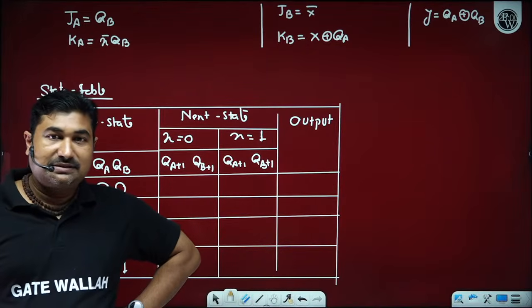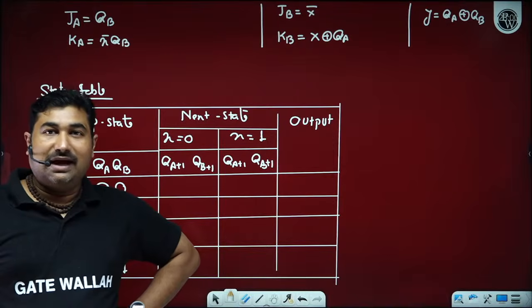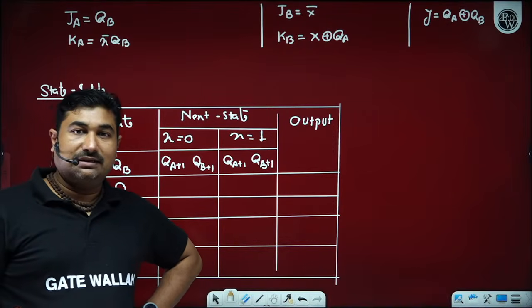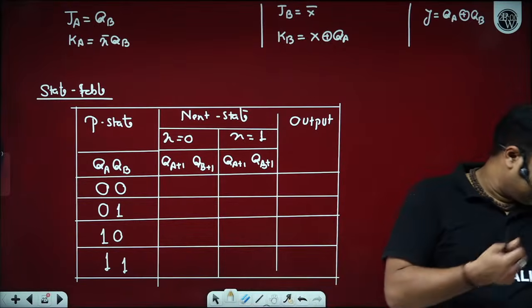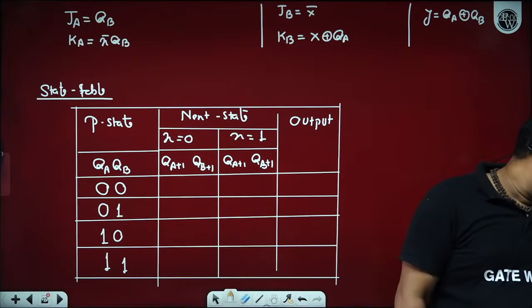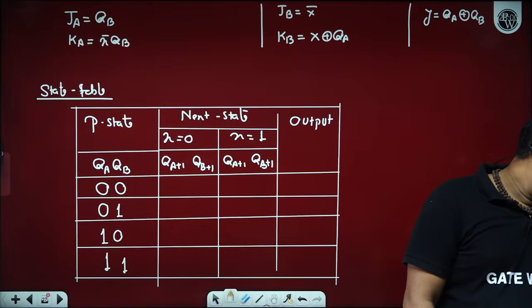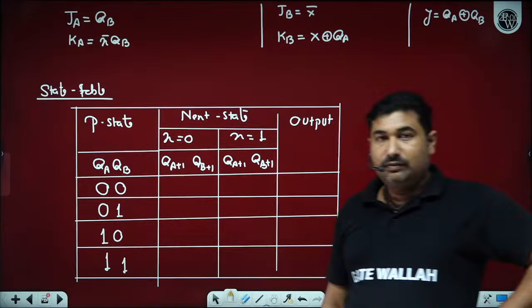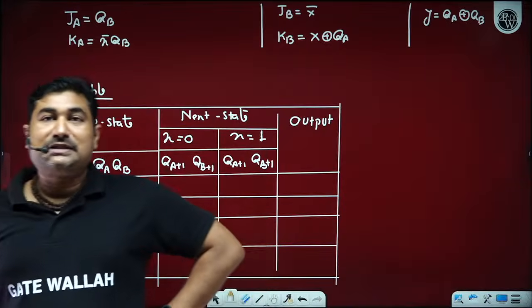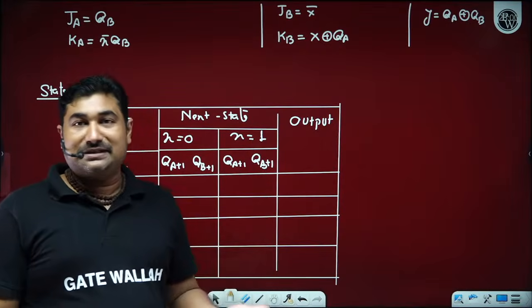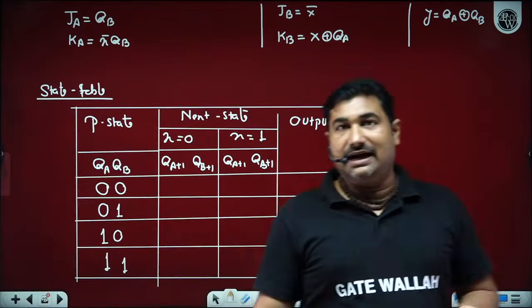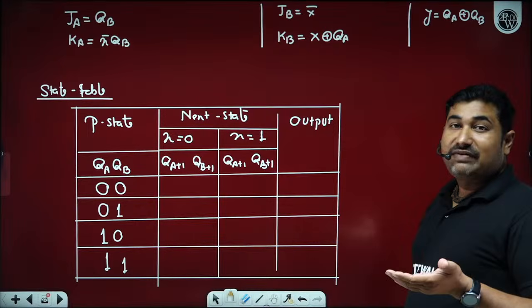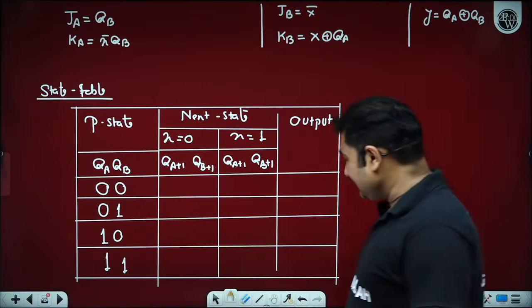Which chapter or which subject do you want to ask about? Which subject or which chapter is going on? Digital electronics. Okay, now I am able to understand. Digital electronics and your finite state machine is going on.